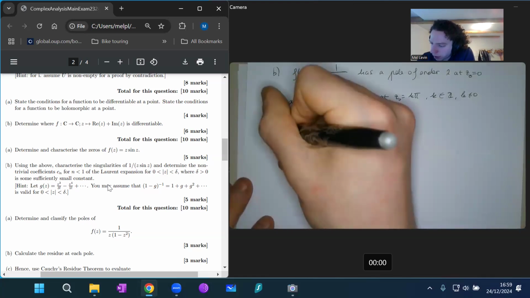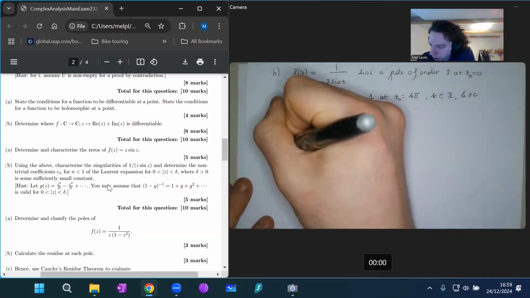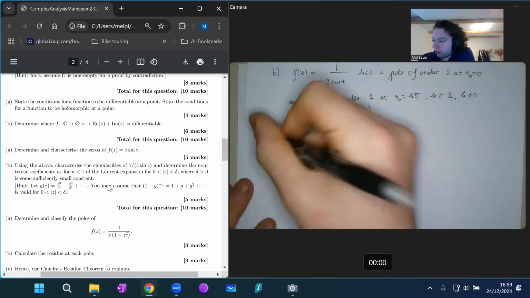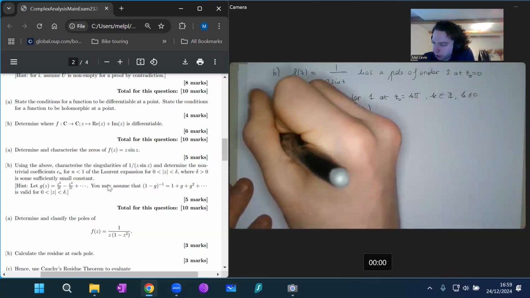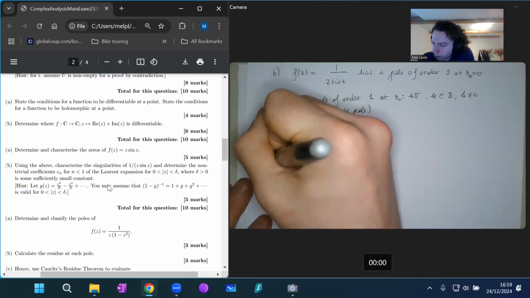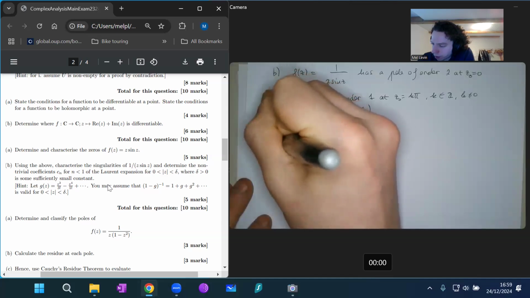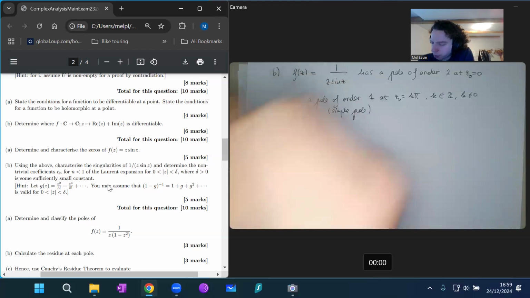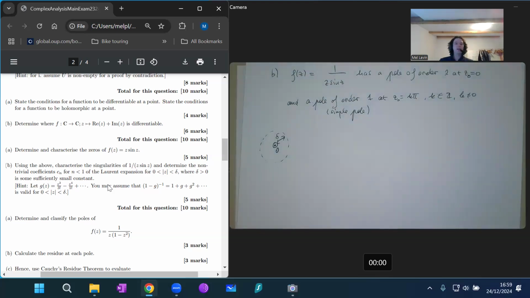So there's the origin, there's 0, but with 0 removed. That's a punctured disk of some radius delta centered around 0. So they want a Laurent expansion centered around 0 for this function.